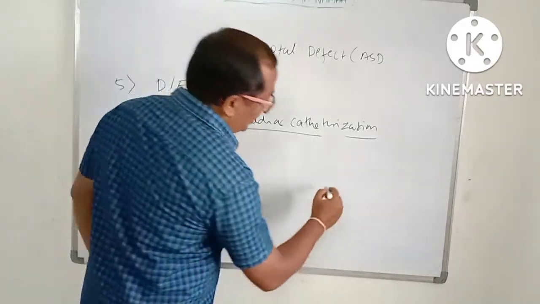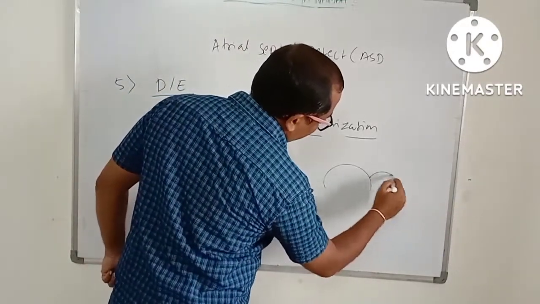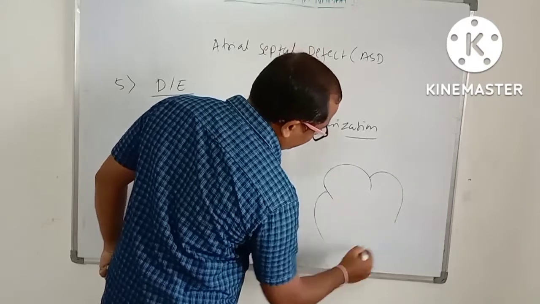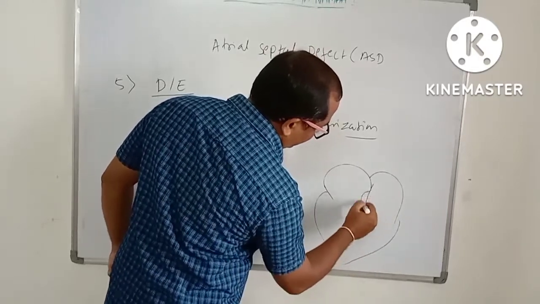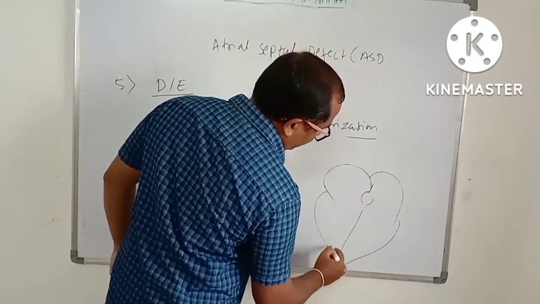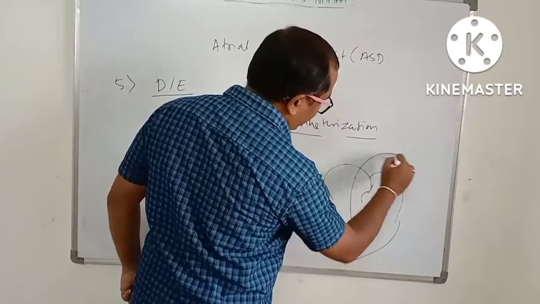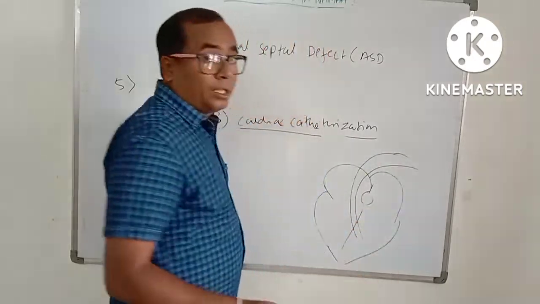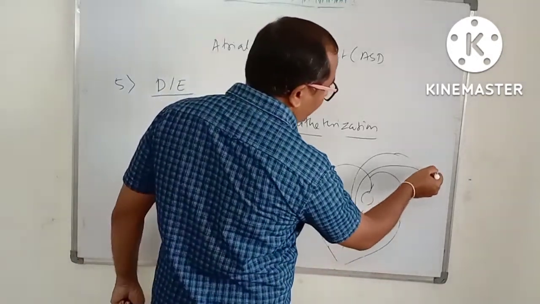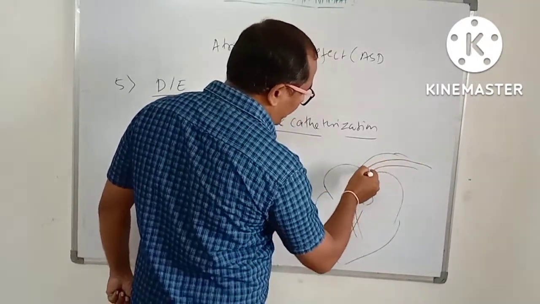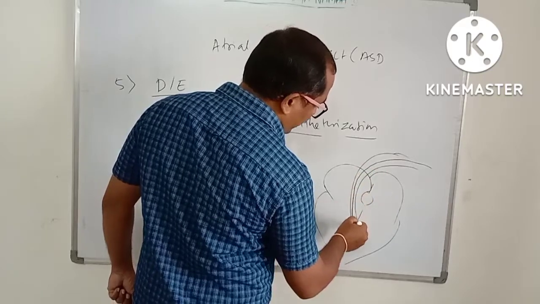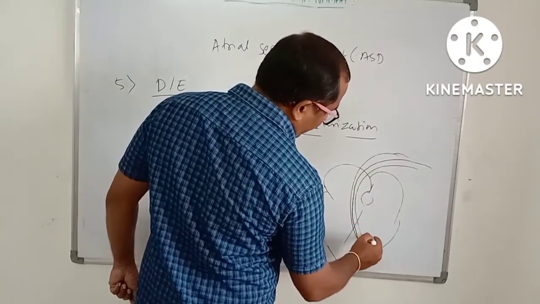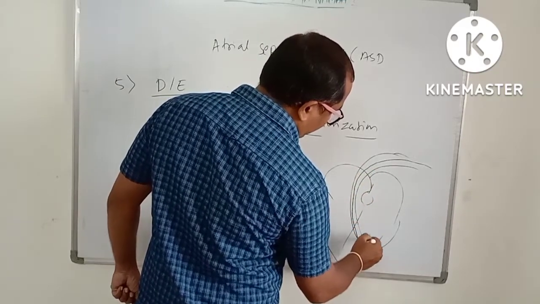Left-sided heart catheterization means, so this is the heart, and here there is a defect in ASD. The catheter is inserted through the artery, any radial artery. From the artery, the catheter enters the aorta, arch of aorta, then descending aorta, and then the catheter is progressed into the left ventricle and on to the left atrium.